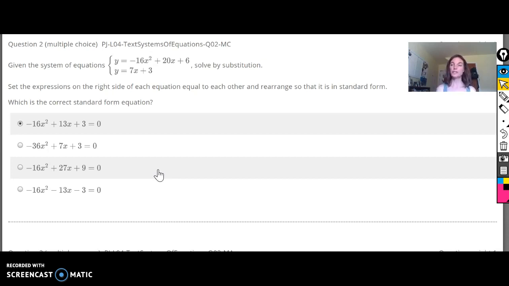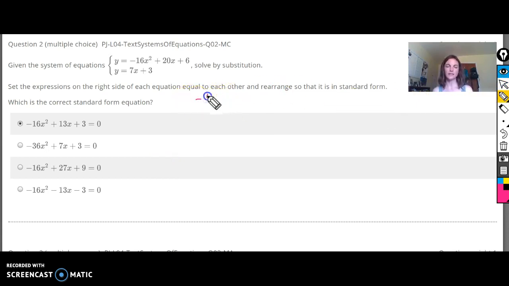If we want to know the 2 points where these lines cross, or the 2 points at which their coordinate pairs are equal to each other, then we have to set those two equations equal to each other. So that is going to look like this.